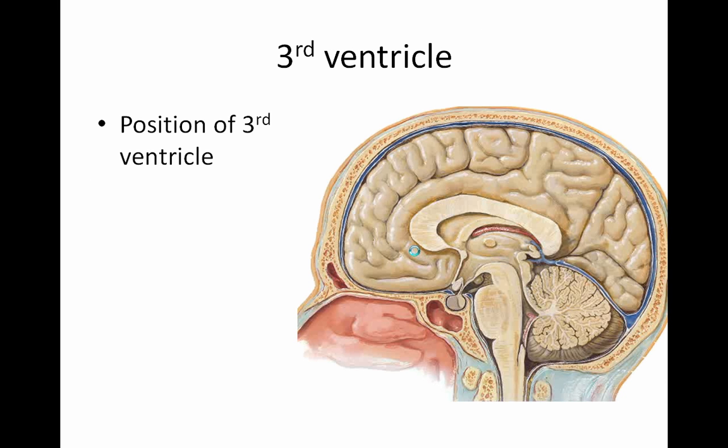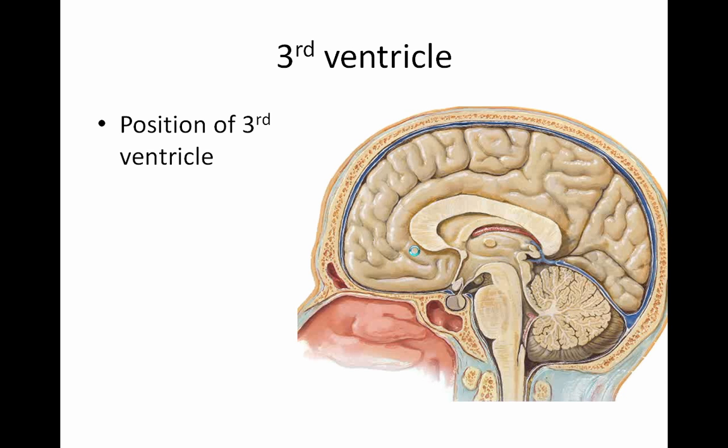The next thing that we need to consider is the position of the third ventricle. Now, the third ventricle lies in the midline, and a number of structures line its floor, and we talked about it when we were having a look at the undersurface of the cerebral hemispheres, and we'll revise it once again here.